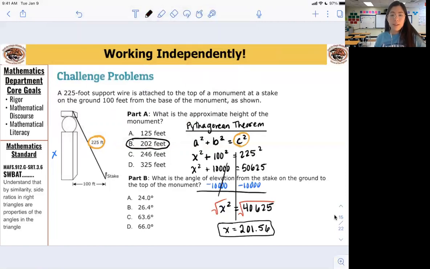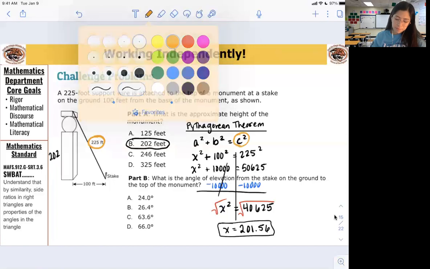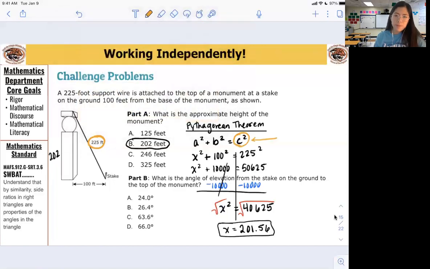So do you understand the Pythagorean theorem? A squared plus b squared equals c squared. And C is always what? Which of those three numbers always goes in for C? Jalen, can you remind us?